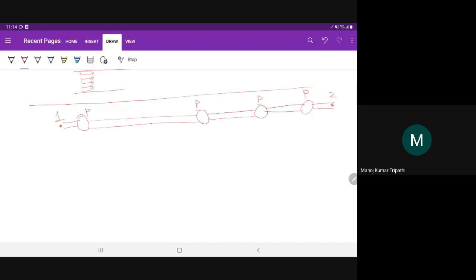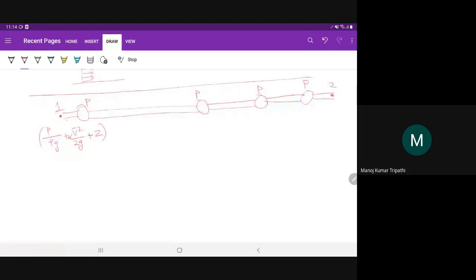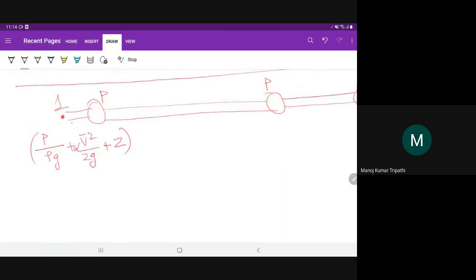Okay. So let's say the head here at point 1 is this, P by rho g plus V square by 2g, or alpha V bar square by 2g, which is the average velocity, plus Z. What this pump does is it adds H pump, let's say, at this point 2.